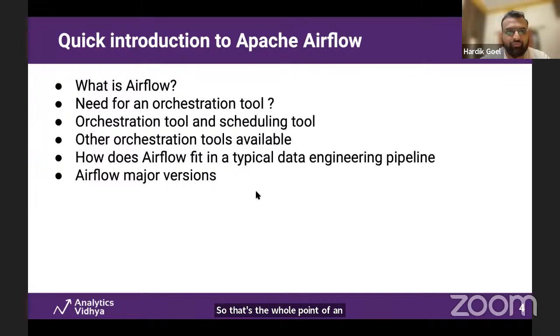Let's move forward. So what's the difference between an orchestration tool and a scheduling tool? We already talked enough about the orchestration tool here. Now let's take a brief glimpse into the scheduling tool. Think of it as a typical cron job. Those of you who are from an IT background must be aware of the cron job.